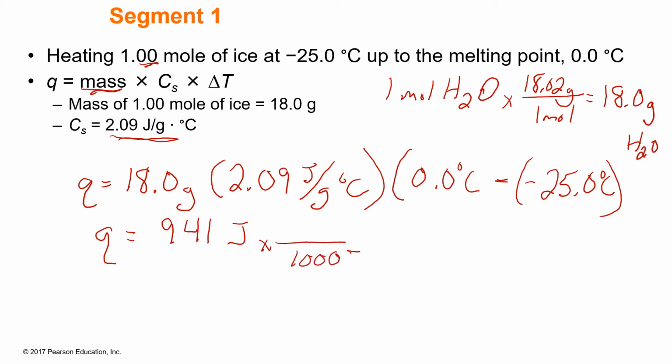It's 1,000 joules in 1 kilojoule. So for this particular segment, the one where we're heating the ice up, we have to add 0.941 kilojoules of energy.